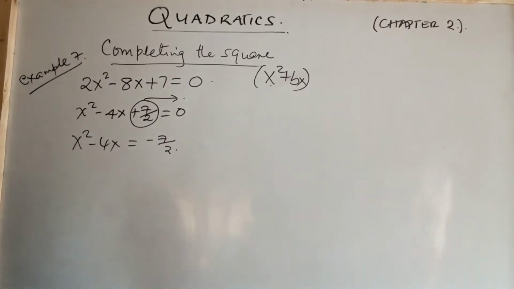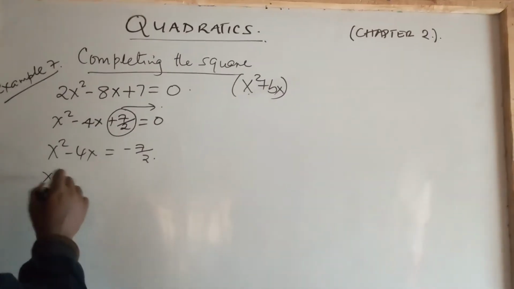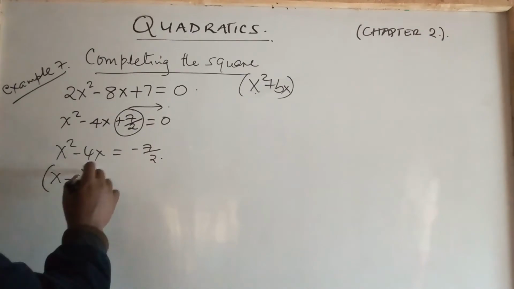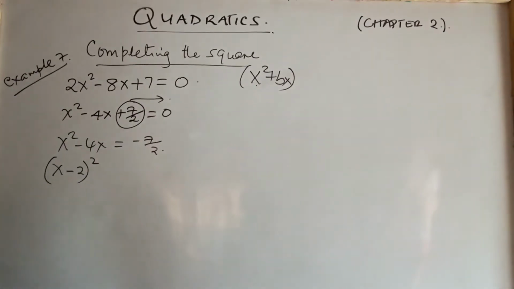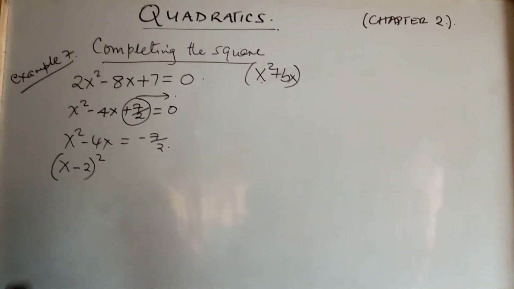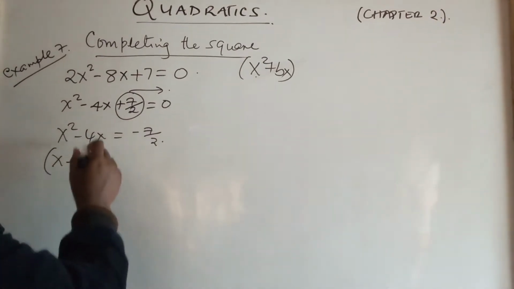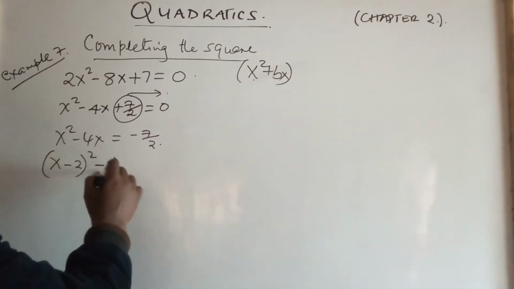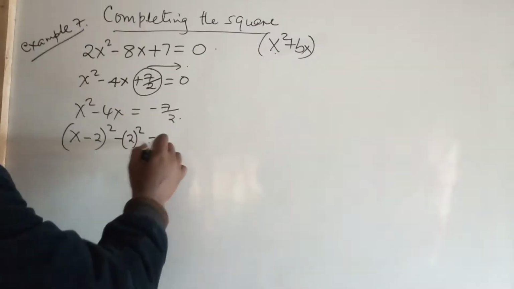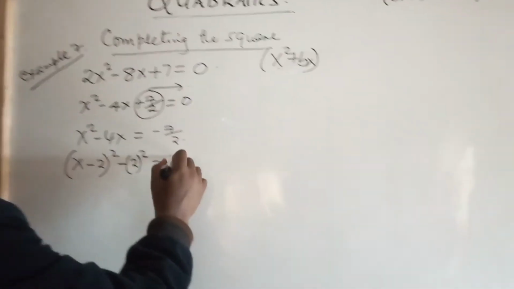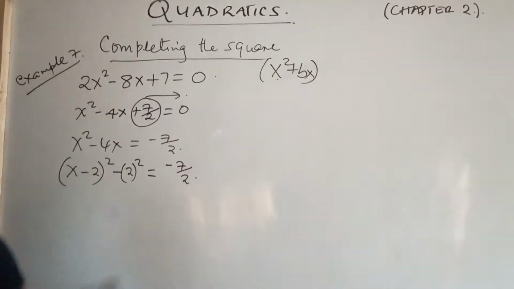Completing the square on the left hand side, we have x minus 2. Of course, now this should not be anything difficult to anybody. Minus 4 over 2, which is 2, squared, is equal to minus 7 over 2.